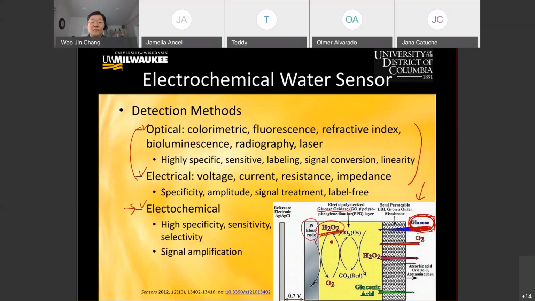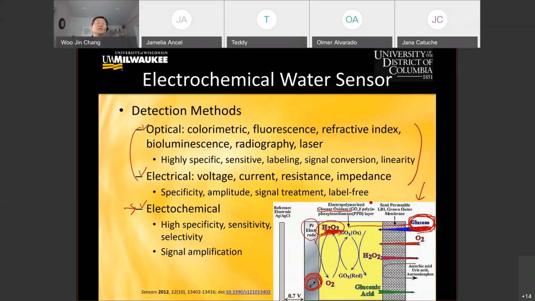And then at the same time, we can measure the amount of electrons needed to reduce this hydrogen peroxide. This amount of hydrogen peroxide will be proportional to the calculated electrons, and then again, this is proportional to the glucose.